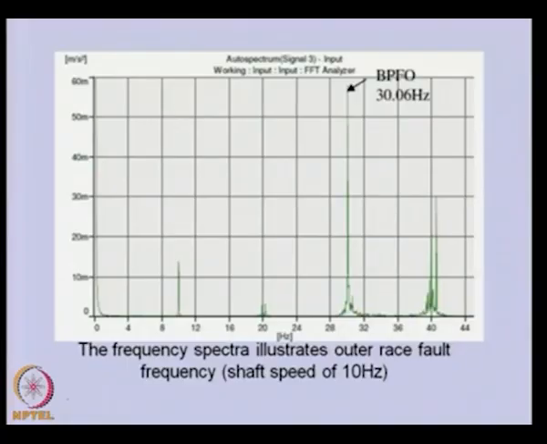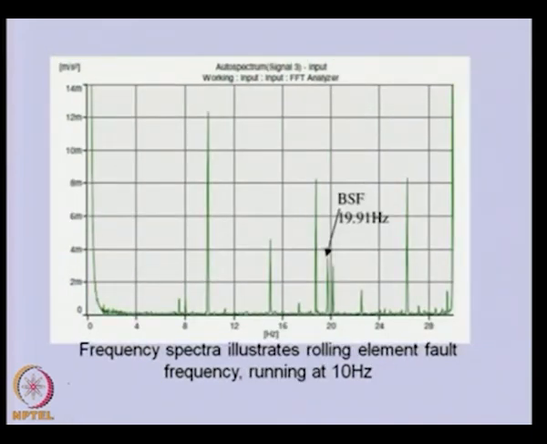Similarly, this is for the outer raceway fault frequency, and this is very predominant, and the value which we calculated earlier is close to this, and based on the speed of the rotor they may change, as we have seen in the previous calculation. Similarly, this is for the rolling element fault at 10 hertz. So, some spike we can see.